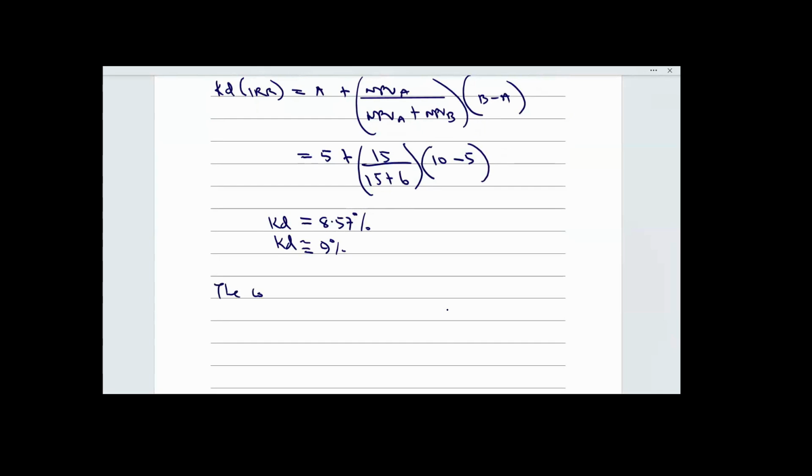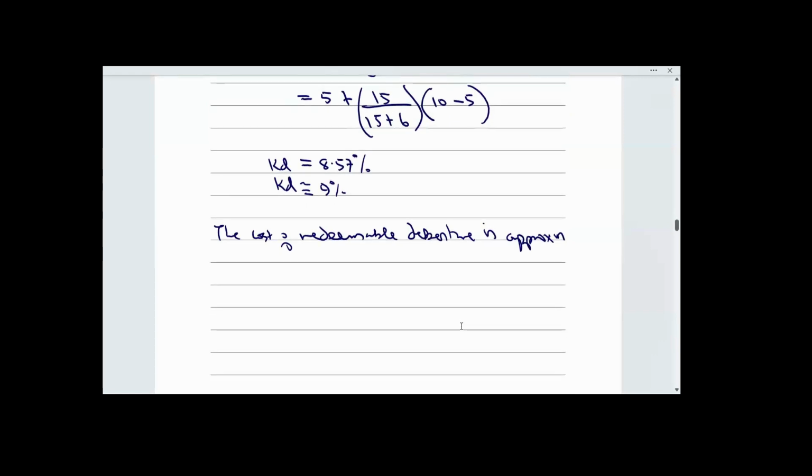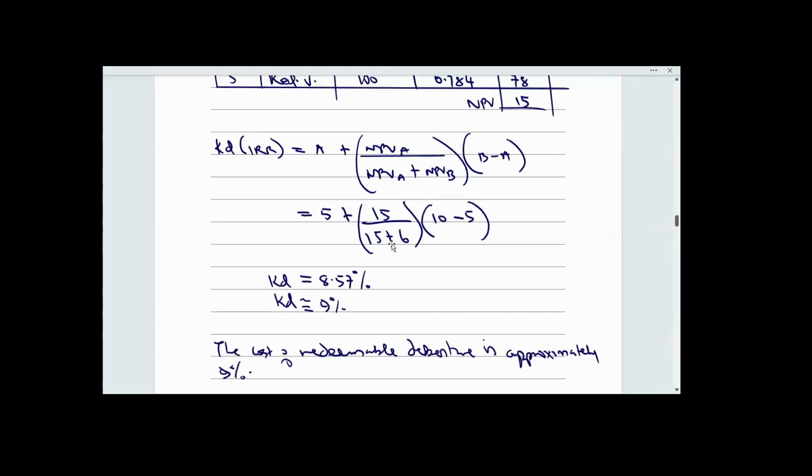So this is how to calculate the cost of redeemable debenture or debt.